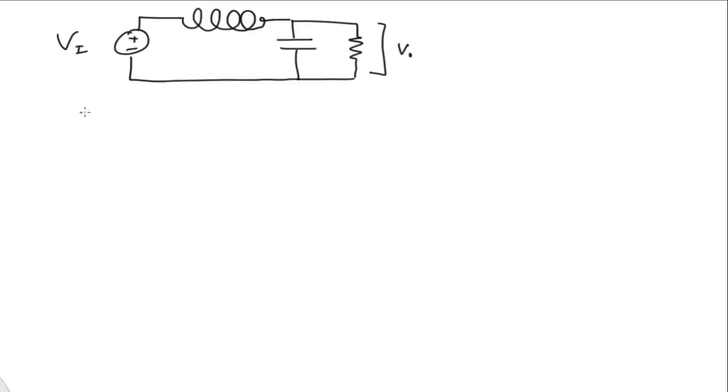Okay, so it turns out, and again I'm not going to go over this in great detail, LC d²V/dt² plus L over R dV/dt, and this is V out, plus V out is equal to V in.